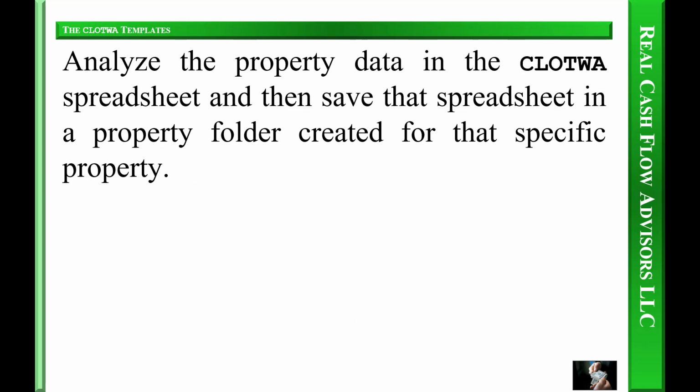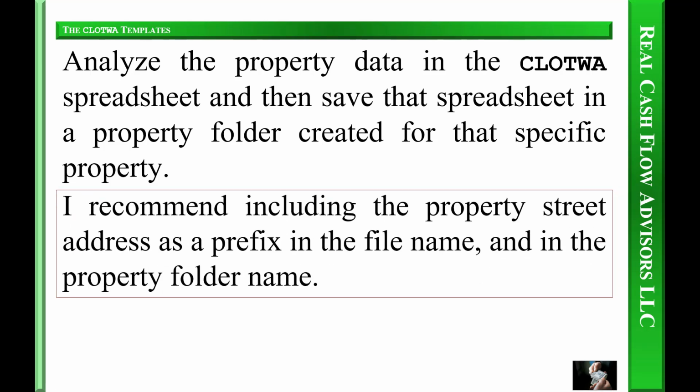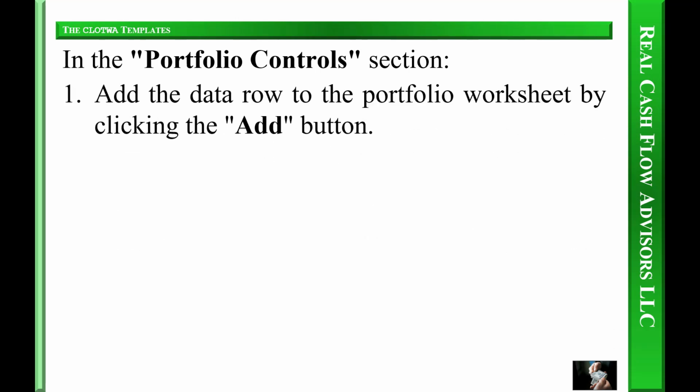Analyze the property data in the CLOTWA spreadsheet and then save that spreadsheet in a property folder created for that specific property. I recommend including the property street address as a prefix in the file name and in the property folder name. In the Portfolio Controls section, add the data row to the portfolio worksheet by clicking the Add button.